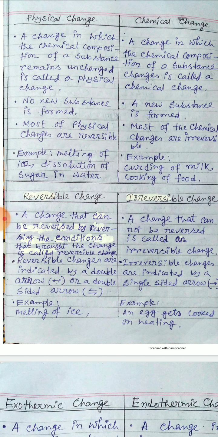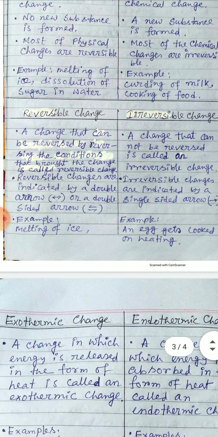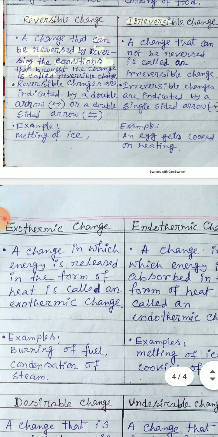Next type of changes: reversible change and irreversible change. A reversible change is a change that can be reversed by reversing the condition that brought the change. In one word, reversible changes are those changes which can be reversed by changing the condition.